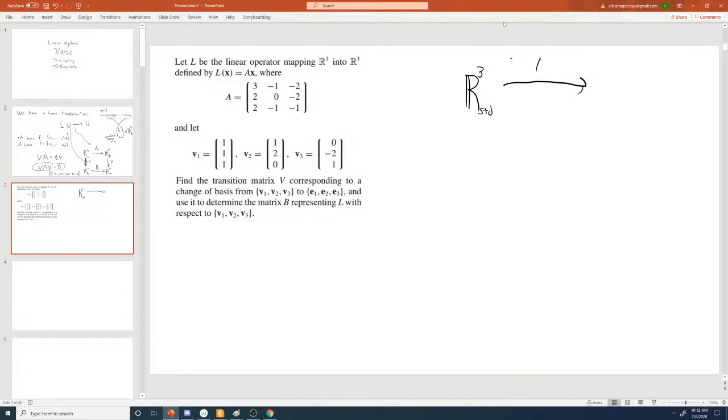Here it's modeled by the matrix A. What we want to do is consider what this linear transformation looks like with respect to a second basis, this V1, this V2, and this V3. With respect to the V basis, we can find the matrix B representing the linear transformation.